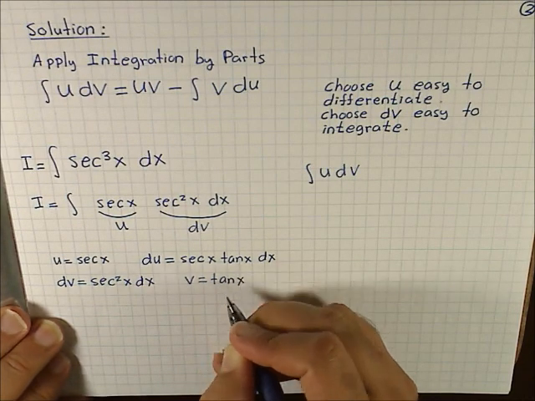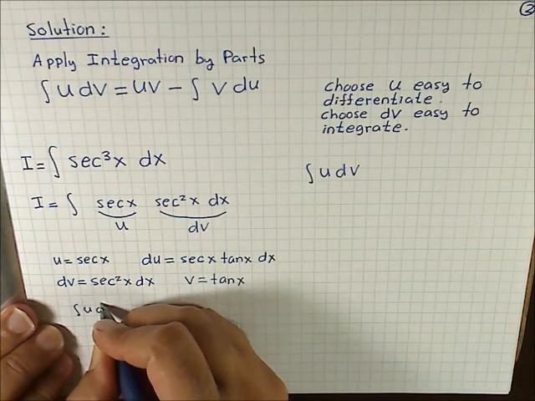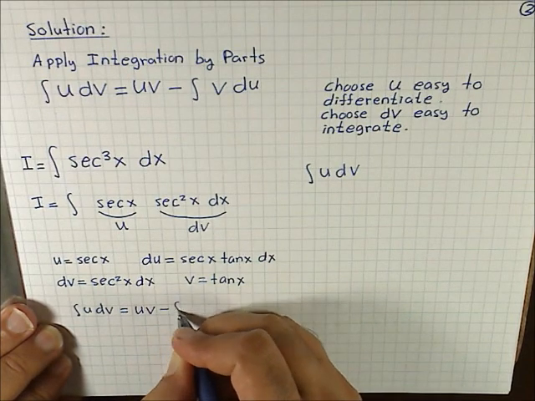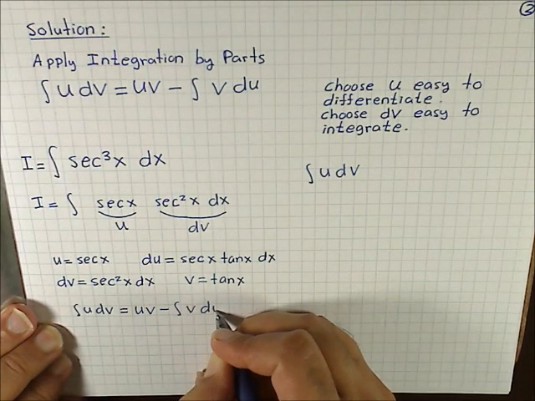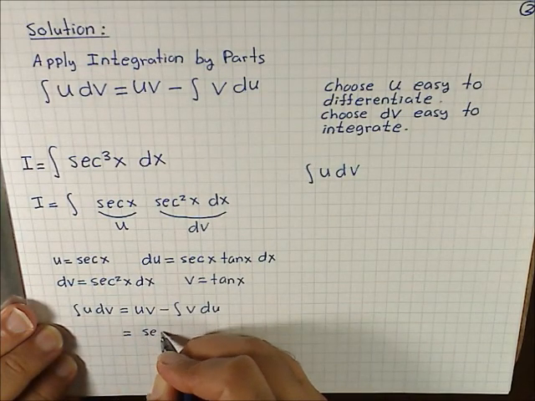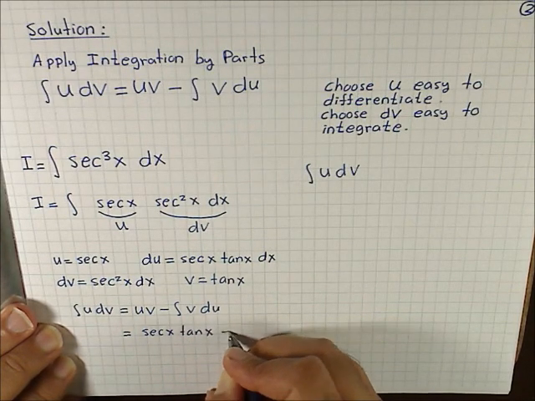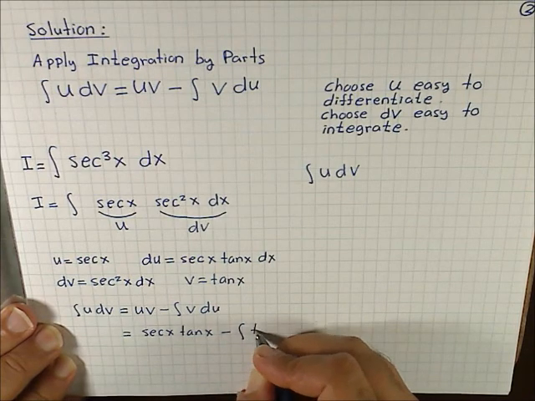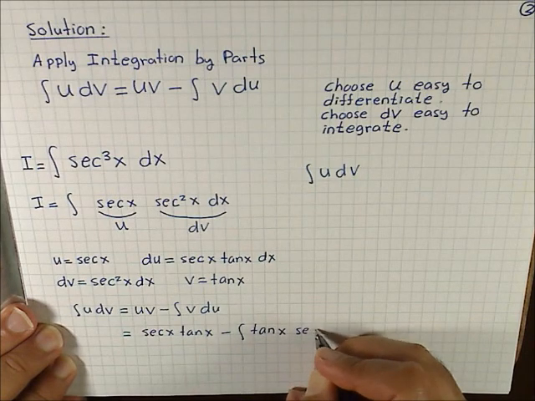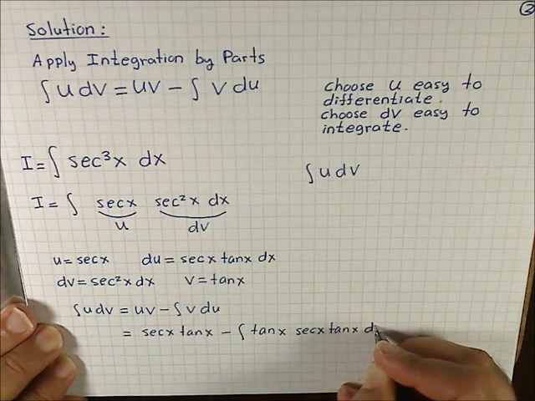Now apply the formula. u dv is uv minus integral v du. u times v is sec x tan x, minus integral v, which is tan x, times du, which is sec x tan x dx.